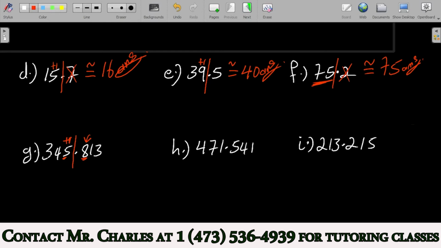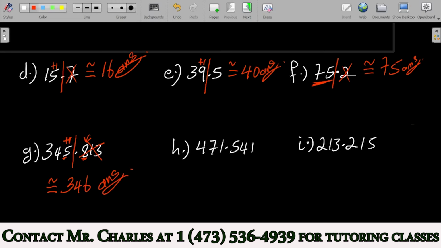So 345 plus 1 is 346, and we drop the 0.813, because it's a whole number that we want. So our answer is approximately equal to 346.